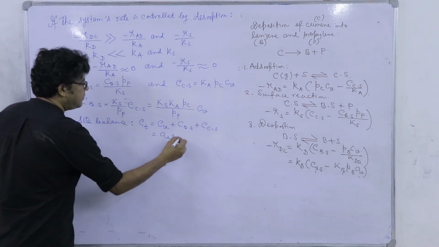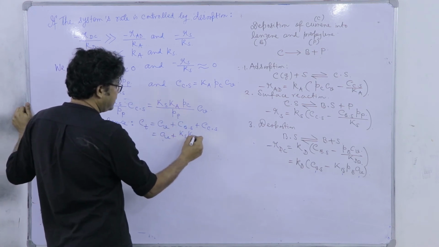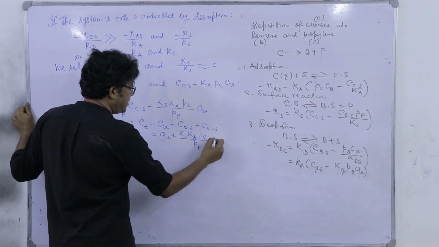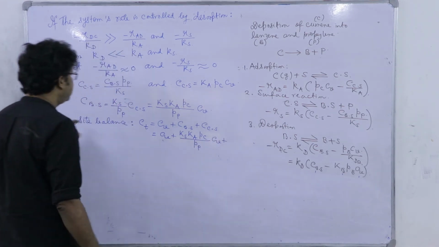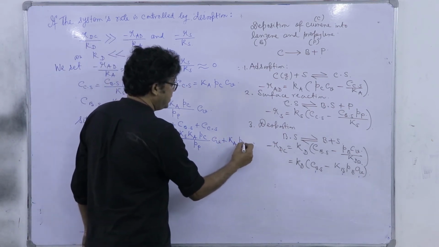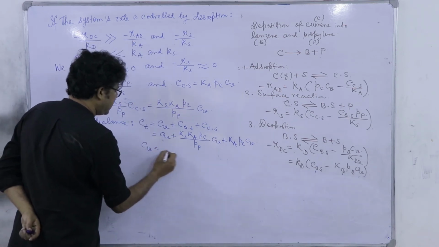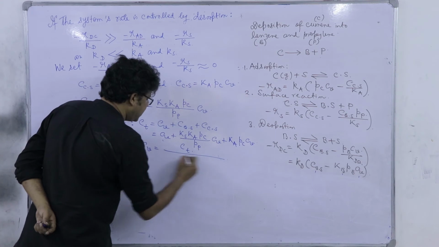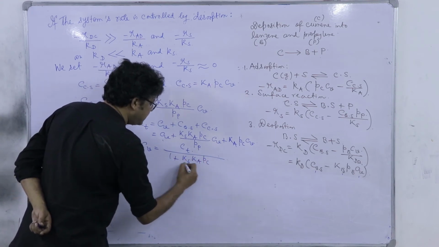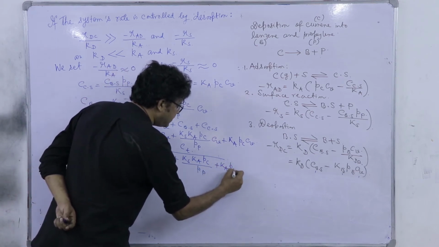So, this is Cv plus Cb·S, and if we replace Cb·S by Ks Ka Pc by Pp into Cv, plus Cc·S, Ka Pc into Cv. So, Cv, which is the unknown, is Ct divided by 1 plus Ks Ka Pc by Pp plus Ka Pc.